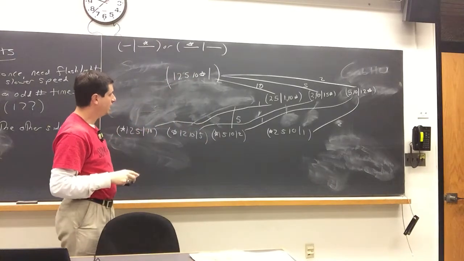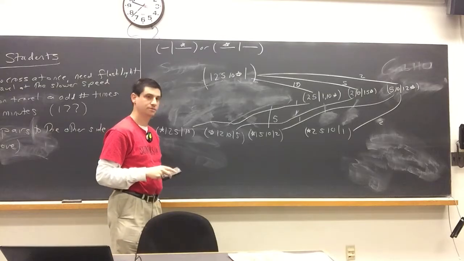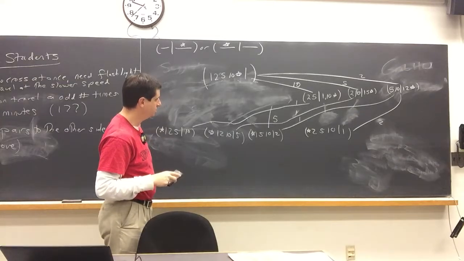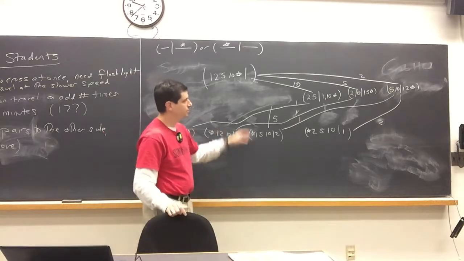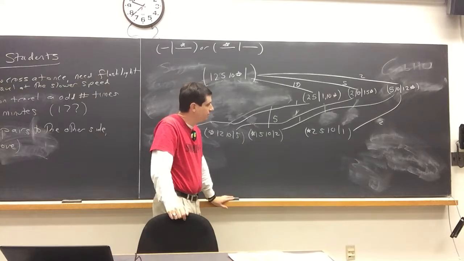So now we have 3 possible first moves and 3 possible second states. Or do we have 4 possible second states? We have 4 possible second states, sorry. 3 possible first moves, 4 possible second states. And what we can do is keep the running time.